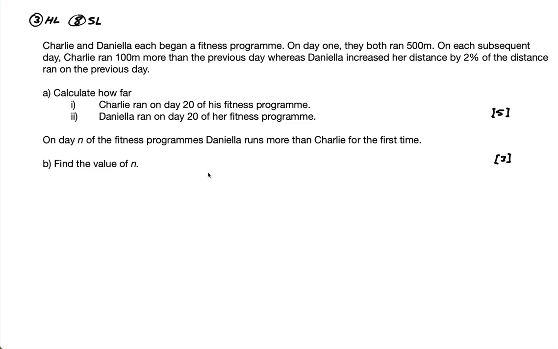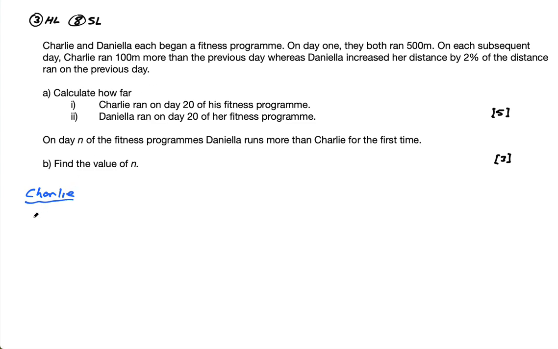So let's break it up into the two different people first. Okay, we have Charlie. It's nice to think about this yourselves, guys. Which is it, an arithmetic or a geometric sequence? Well, Charlie's is an arithmetic sequence because he's increasing it by 100 each day.